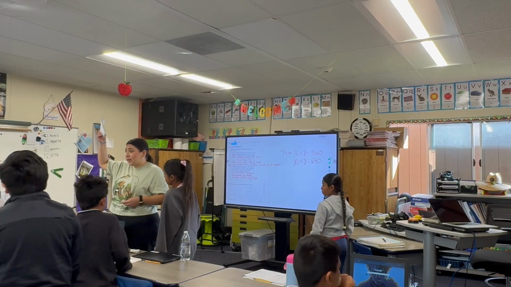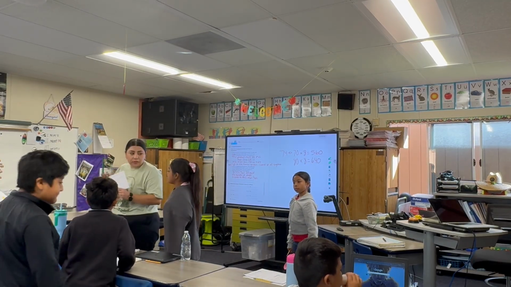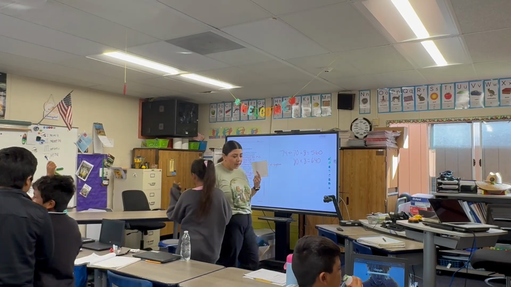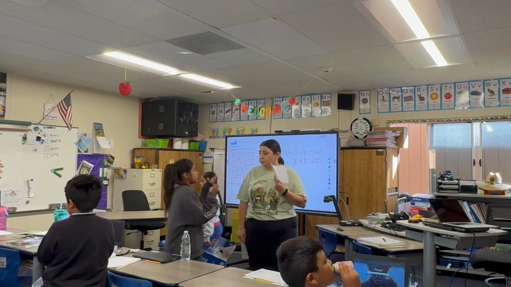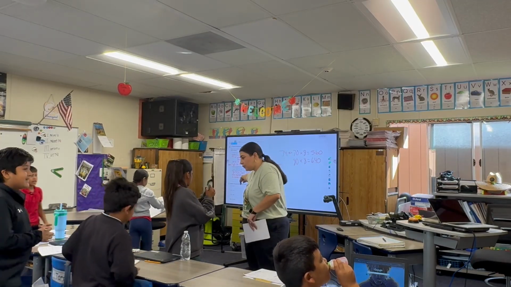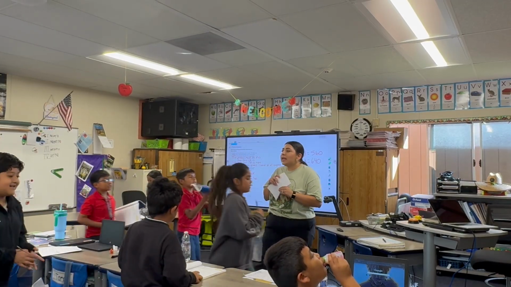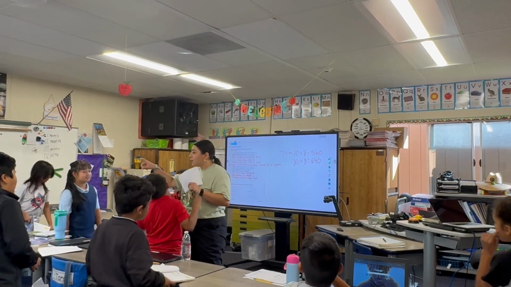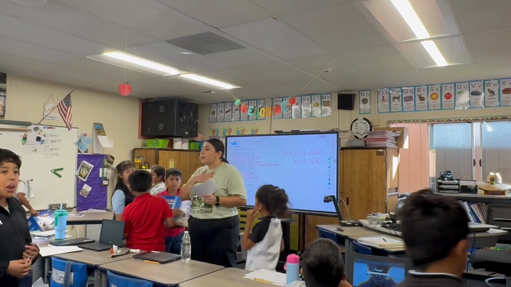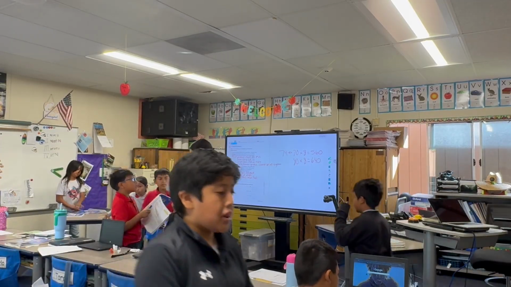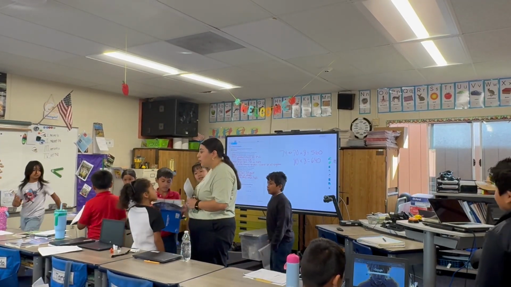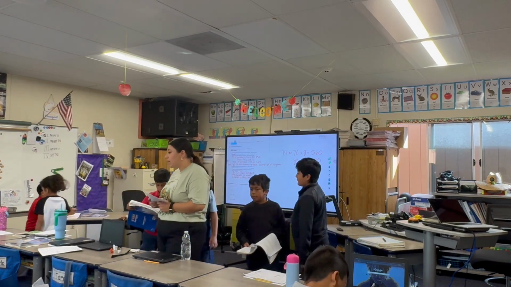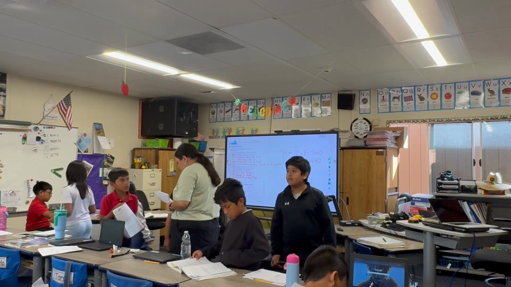So I can make sure that you understand what you're doing. If anyone needs any graph paper to help them show their work, let me know and I'll be happy to give you some. We're doing numbers 7 through 12 by ourselves, the rest of the page, or with a partner, sorry.